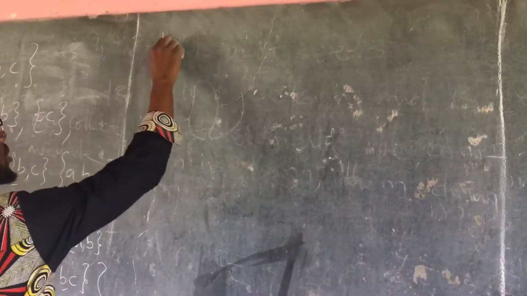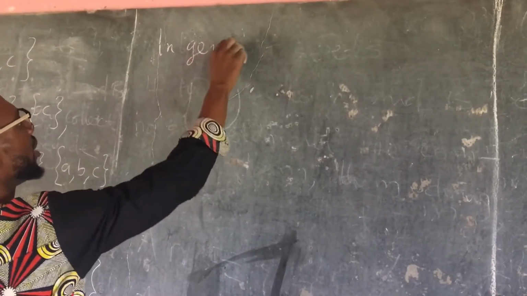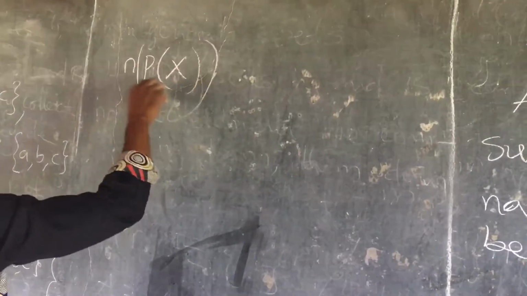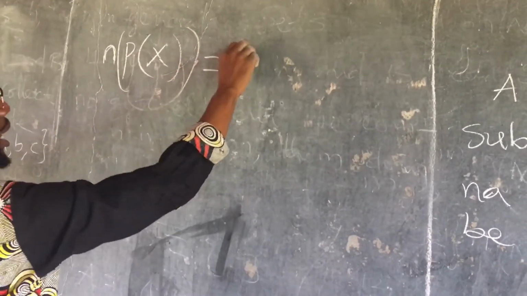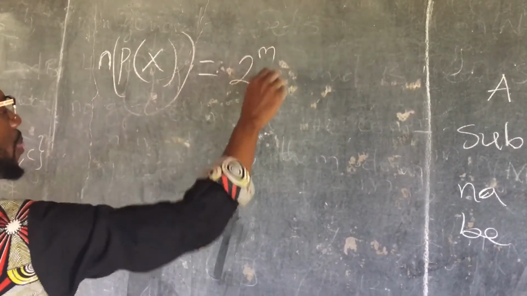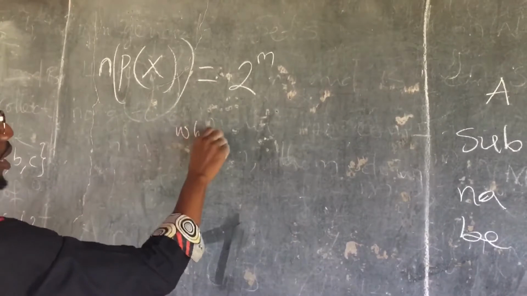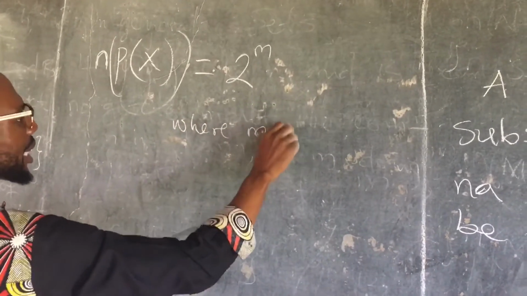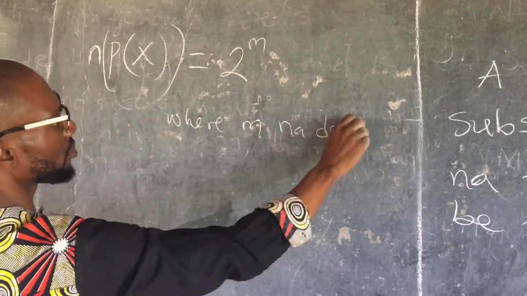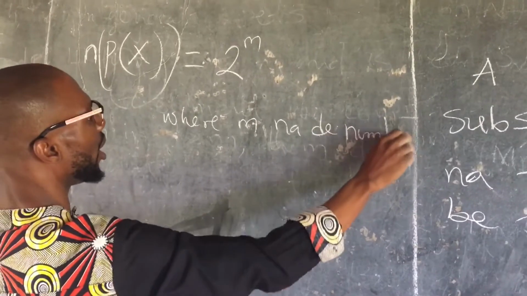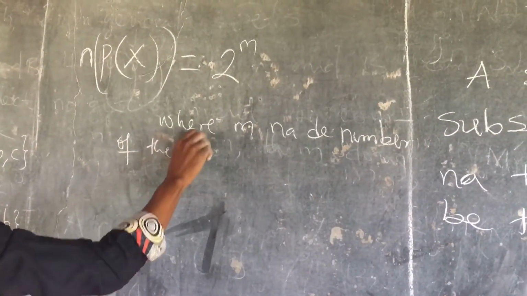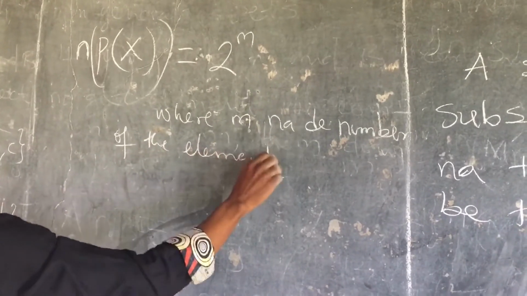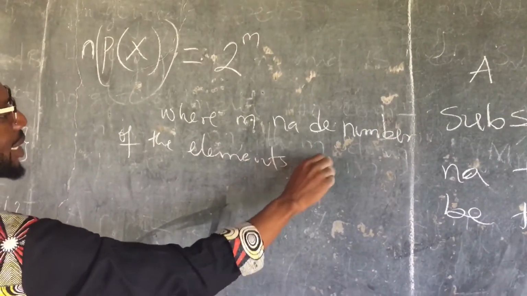In general, if you have a set, the cardinality of its power set is 2 raised to power m, where m is the number of the elements inside the set.